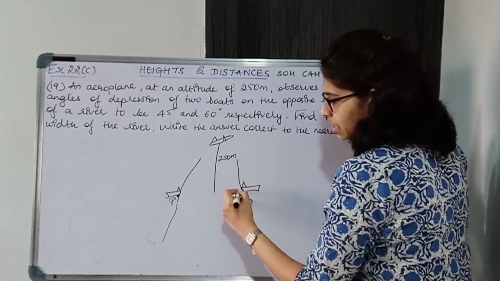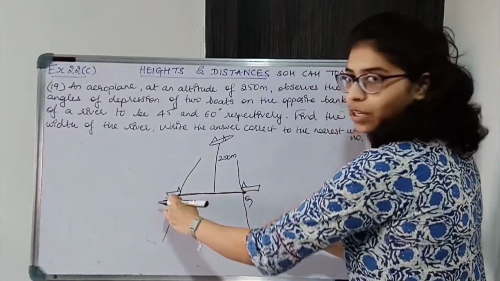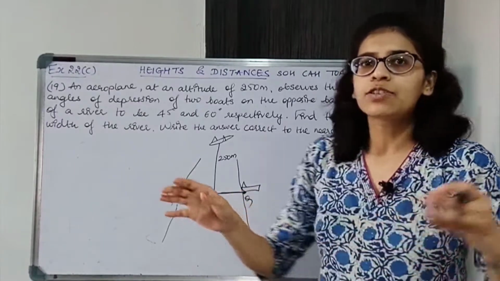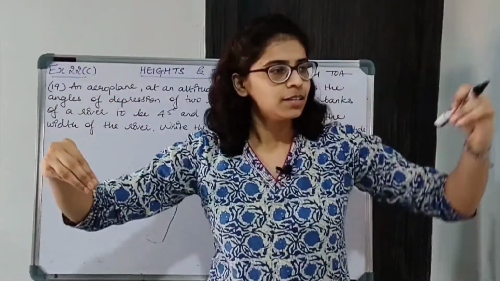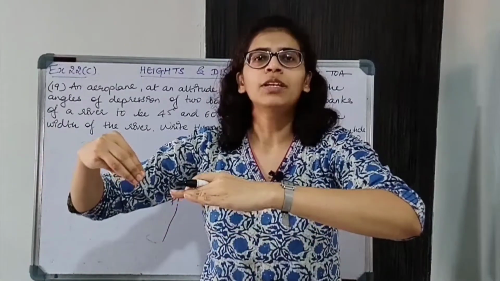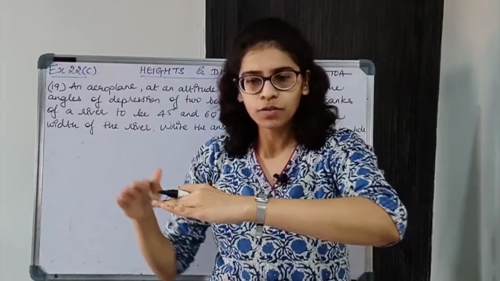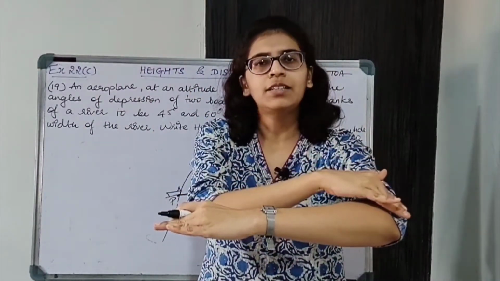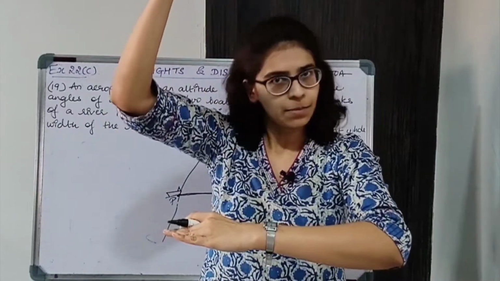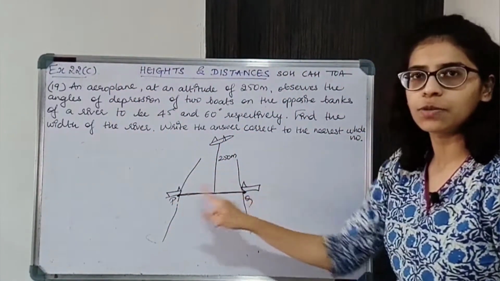Here there is one boat, there is another boat, and this is the surface of the river. Boat on one side, boat on the other side, water flowing in between, and the aeroplane at some height.